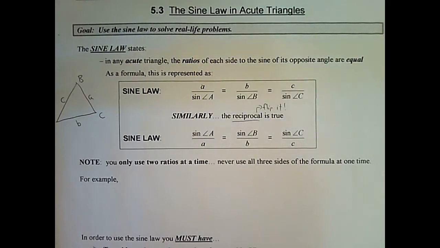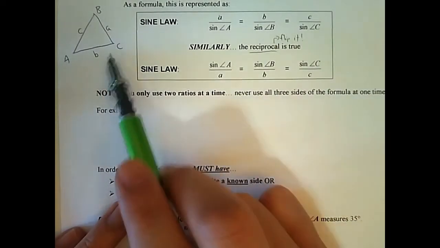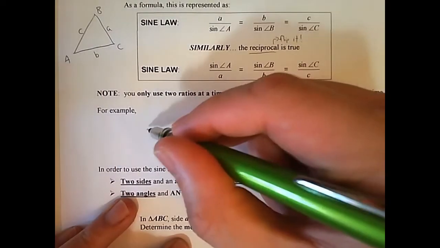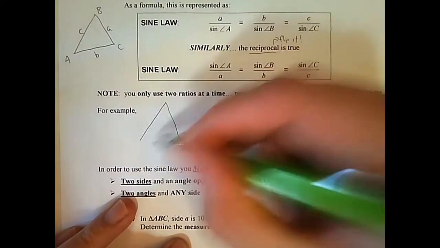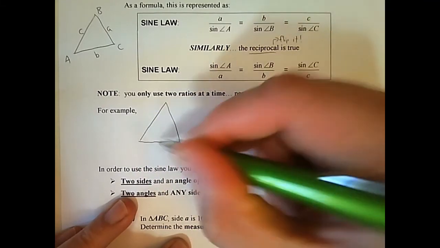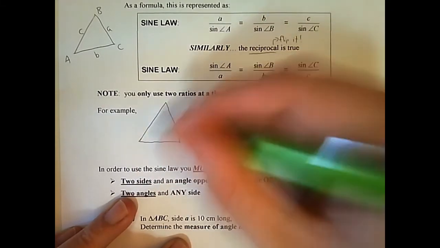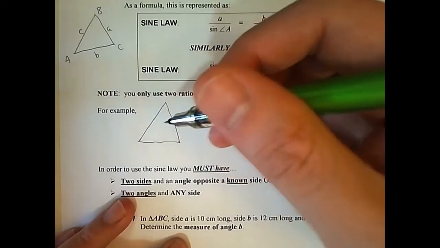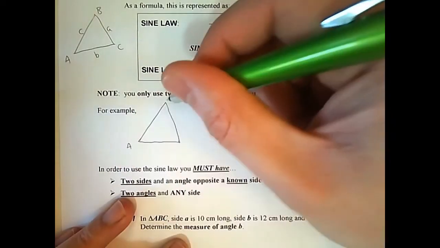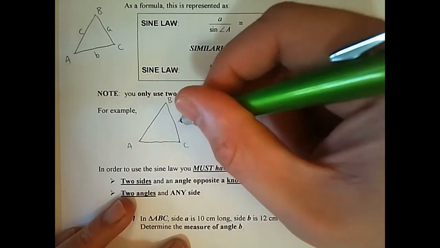For example, if we have a triangle, let's just use the one that we used up here. Let's draw this again. If I have this triangle, again, no right angles, all the angles are less than 90. So if I have A, B, and C here.